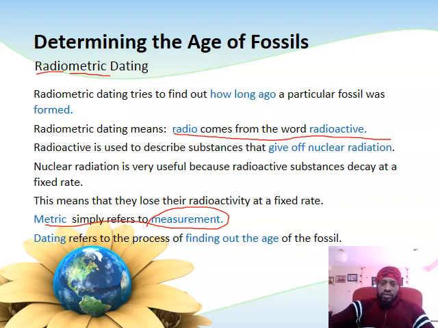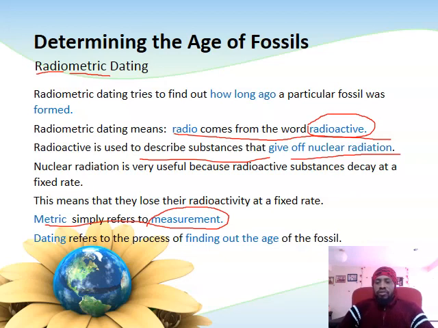Now, radioactive comes from the word radioactivity. It is used to describe substances that give off nuclear radiation. Like radioactive elements. Radioactive elements are elements whose atoms are not very stable because they have too much energy.